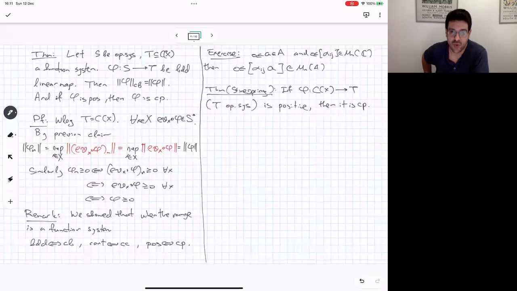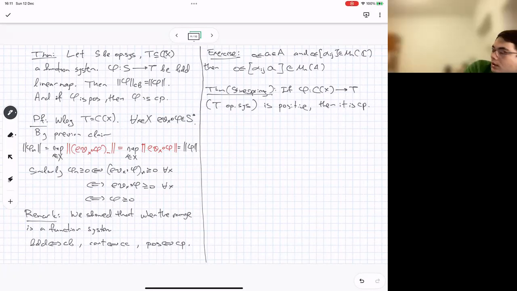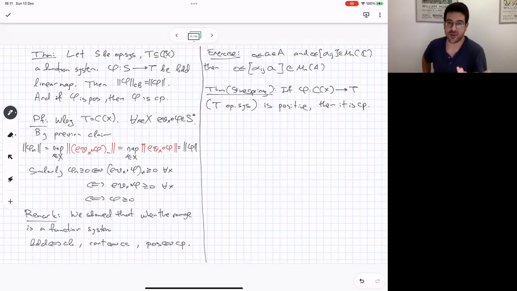Is this true also for function systems? Let me tell you the answer. You know the answer of that. We gave an example, Arveson's example. We took a function system that lived inside continuous functions on the circle. It was positive, but not completely positive.